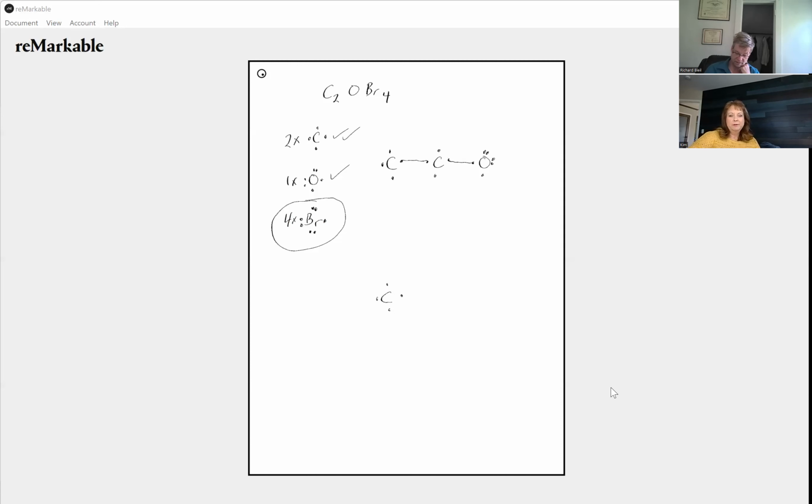We need to start pairing them up. Now we go to multiple bonds. So we have 2 of the same. Now here's a mistake students often make. Do not write this down. Students will say, well, we can double bond here, and we can double bond here.